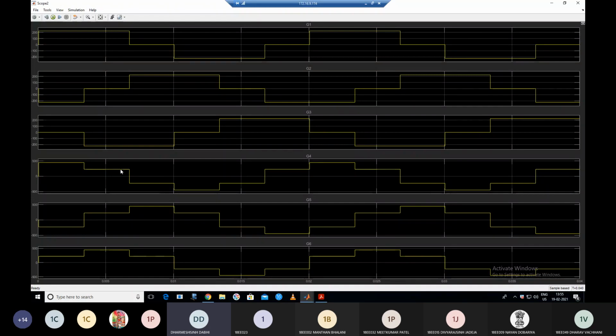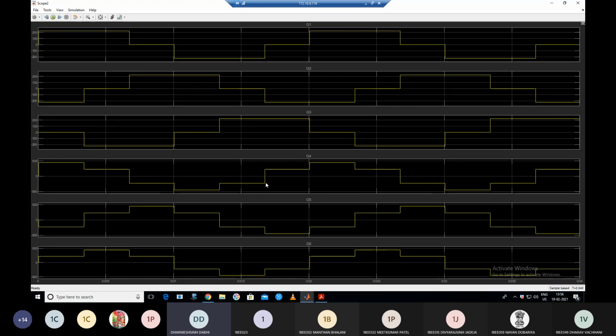Vs by 2. Yes, it is Vs by 2. And then from 120 to 180, minus Vs by 2. And then from 180 to 240, it is minus Vs. And then here it is minus Vs by 2.